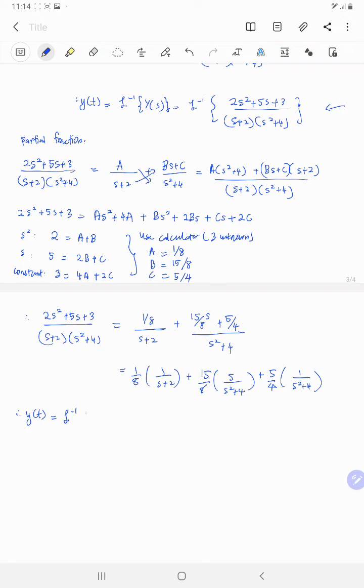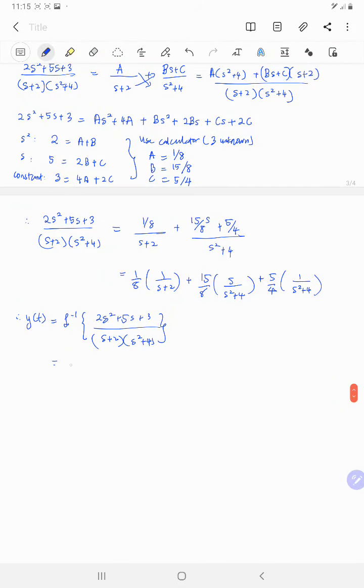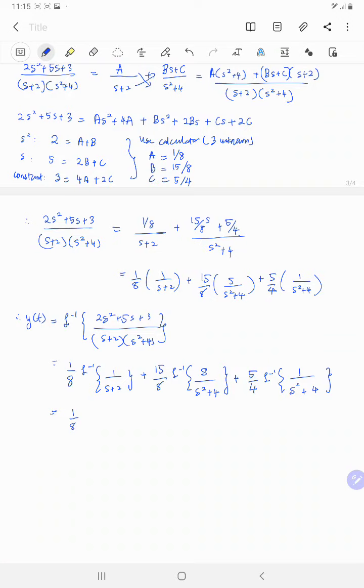Laplace inverse of this is similar to the Laplace inverse of this fraction. So directly I solve the fraction.